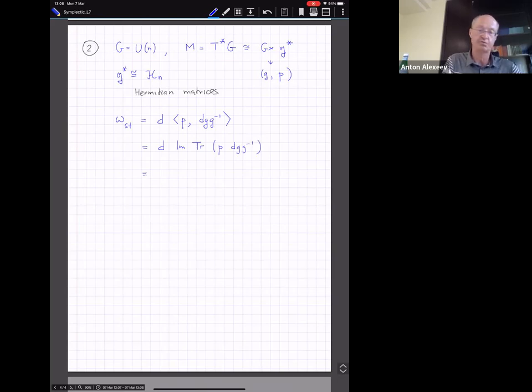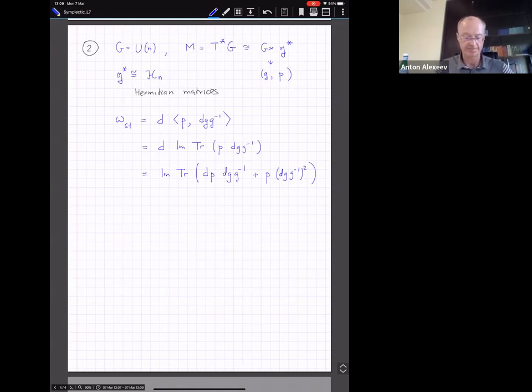Or let me even be more detailed, I just apply this d. So it is imaginary part of trace. And here there are two terms, dp dg g minus 1 plus p, and here will be dg g minus 1 squared, where I have used the structure equation.